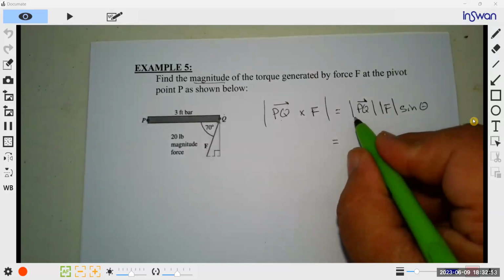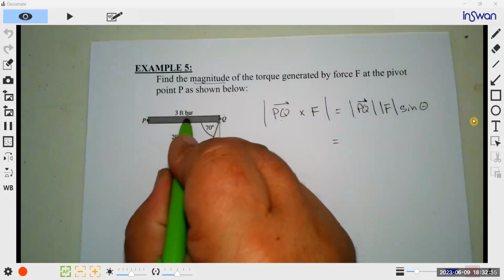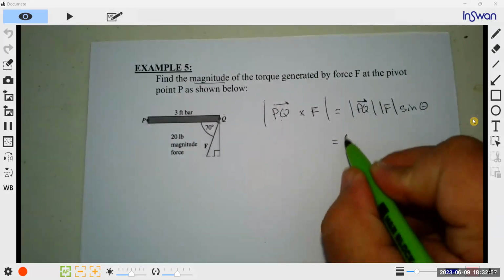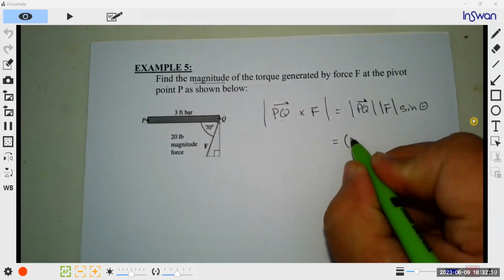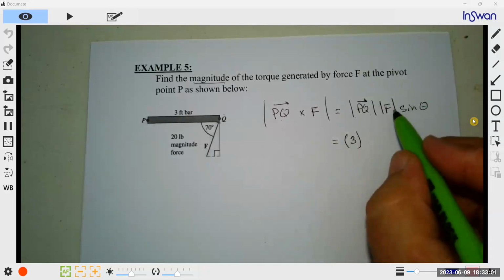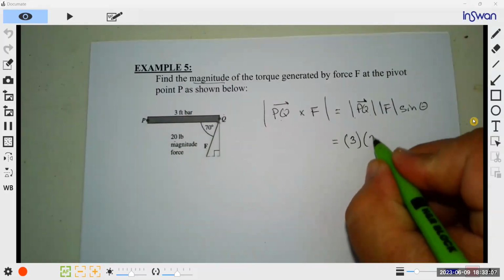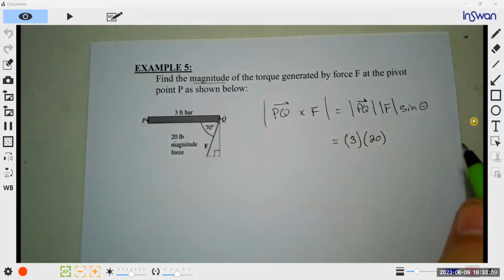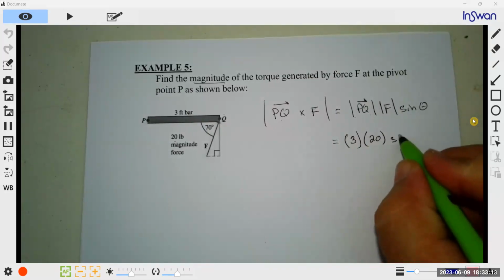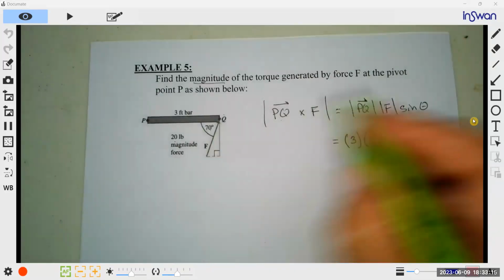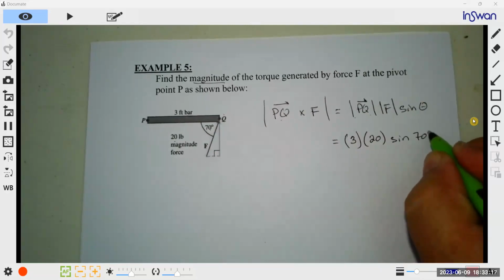The magnitude of PQ is 3 feet, the force acting upon it is 20 pounds, and the angle is 70 degrees.